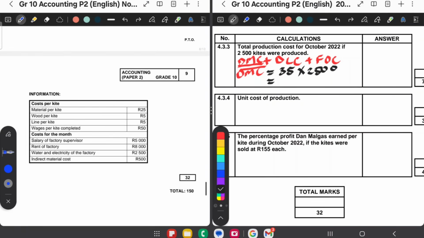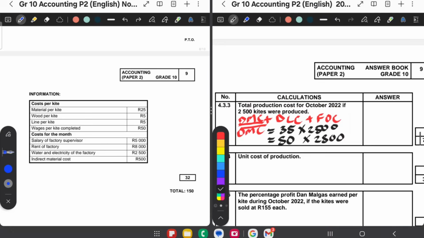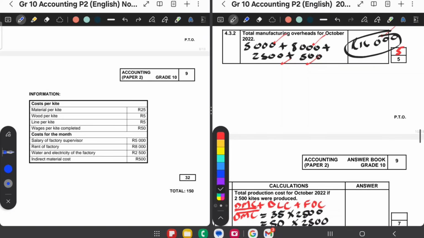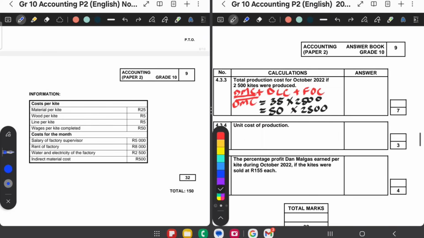Then direct labor cost. Direct labor cost we didn't work out, but you see the wages here that you pay per kite is 50 Rand. That's the labor cost. So that's 50 Rand for each kite times 2,500 kites. And then the factory overhead cost, the manufacturing overhead cost, we worked out, it was the 16,000 in the previous question. So I must also add the 16,000 here.